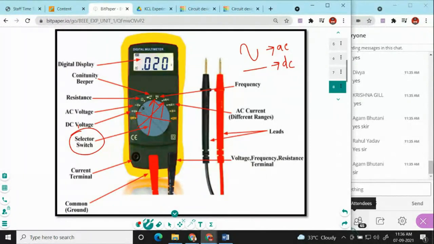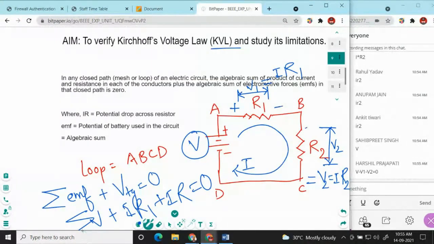Whenever you move your knob toward that particular position, we have to mention the potential difference notation right here. When this potential difference is rising, we consider positive notation. When this potential difference is falling, we consider negative sign convention.